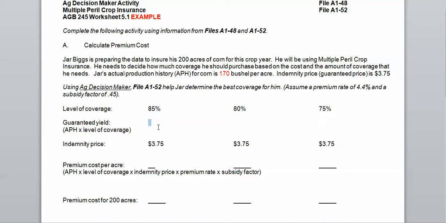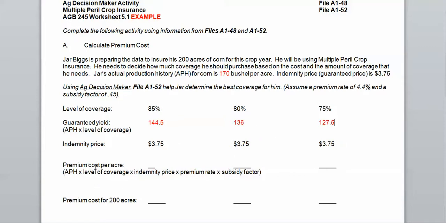So 170 times 85% looks like 144.5 bushels. 80% of 170 is 136 bushels. And 75% of 170 is 127.5 bushels. So that's our guaranteed yield using this crop insurance program at these various levels.